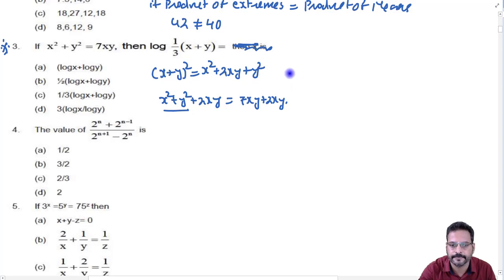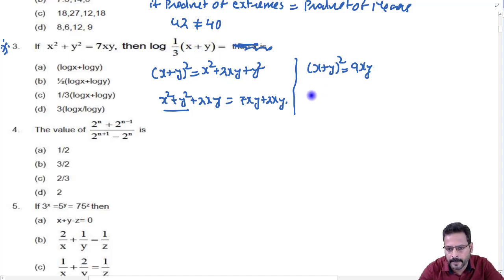So that means x plus y the whole square is equal to 9xy. Okay, so we want to get the log of 1/3 into x plus y. Okay, so x plus y is equal to root of x plus y the whole square.